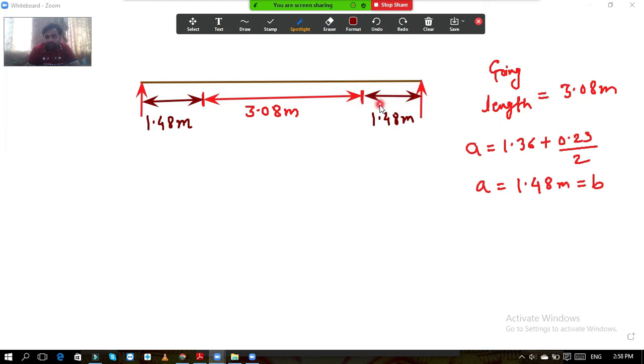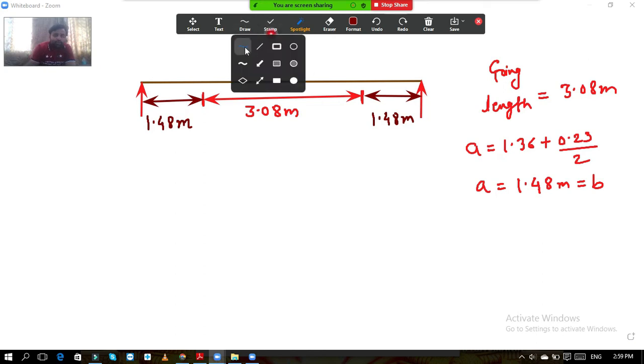You know that from this point up to the outer side of the wall it is 1.36, that already we have calculated, but this support width is 230 mm. So up to the center of support, it will be 1.36 plus 0.23 by 2. So it will become 1.48 meter, and the same thing is repeated to this side also.